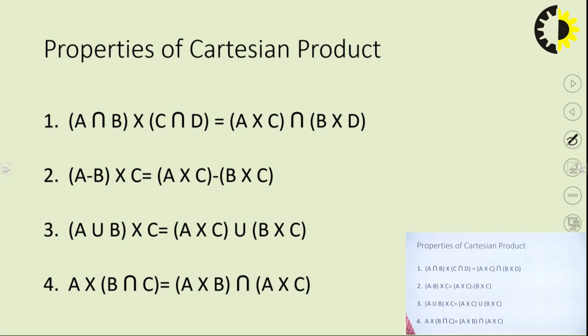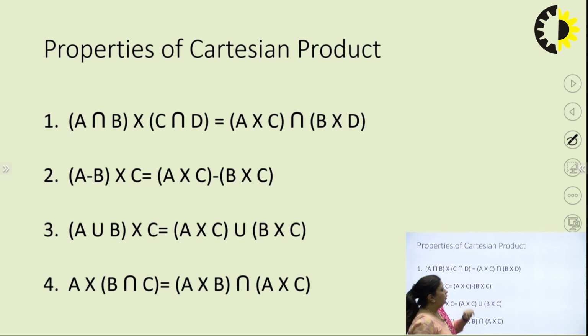Now there are a few properties of Cartesian product which usually hold for all the sets. Suppose we have 4 sets A, B, C and D and I take A intersection B, and C intersection D, and I take the Cartesian product of these two sets.